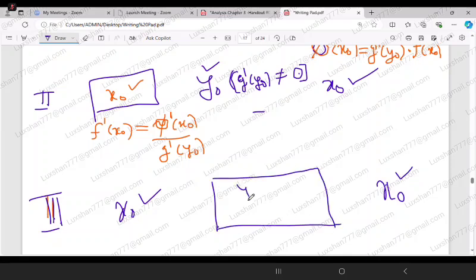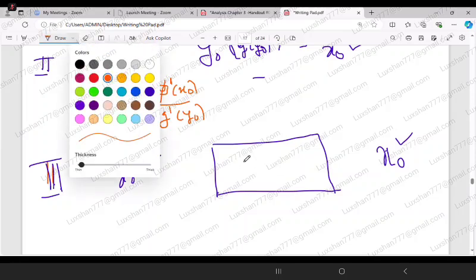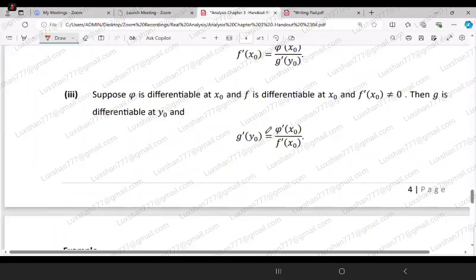This will be differentiable at y naught, and g dash y naught will be equal to what?